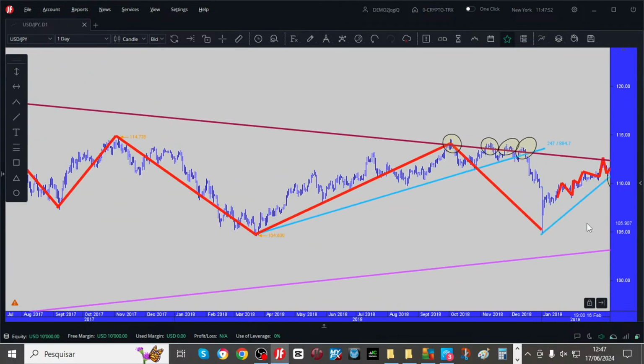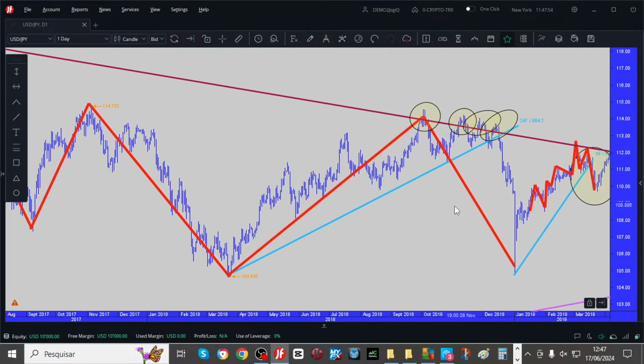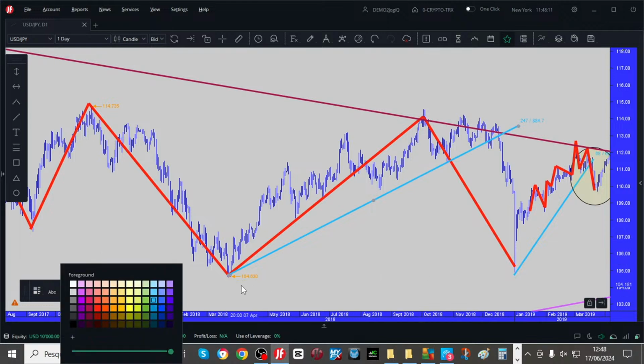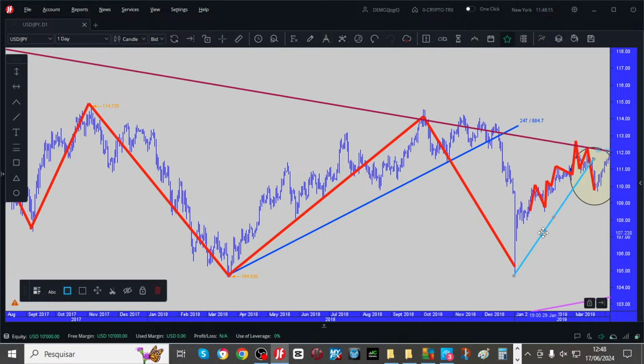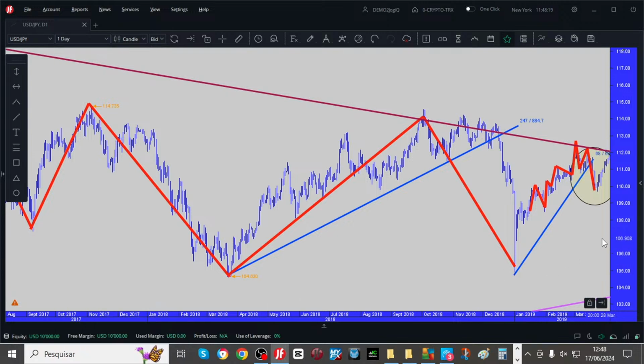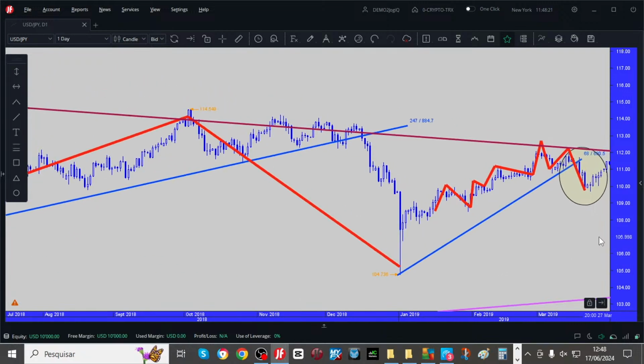Let's say that I'm here and I'm telling my trader, look, the brown is the downtrend line. We had 4 false breakouts and the market broke the uptrend line here, the blue one. The market broke the blue trend line once, and the market broke the blue trend line twice, here.